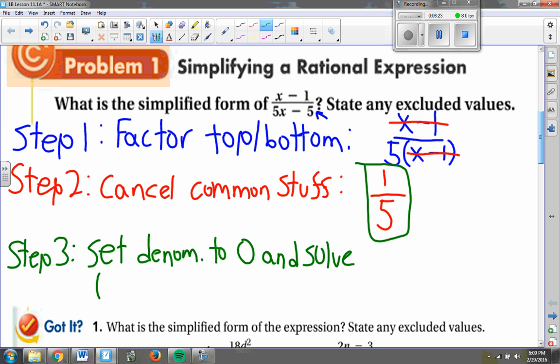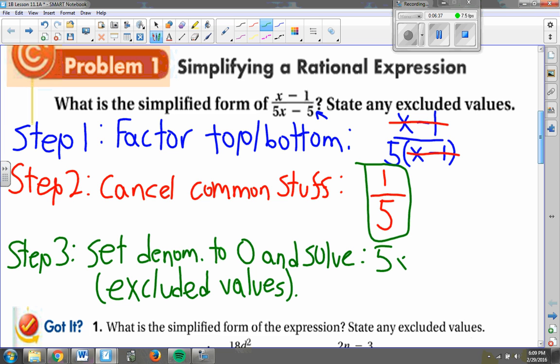And this will find me my excluded values. The bottom of my original fraction was 5x minus 5. If I set that equal to 0 and I solve for x, I will add 5 to both sides and get 5x equals 5, which means x is equal to 1.